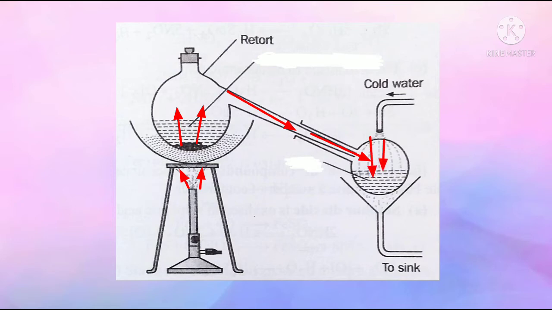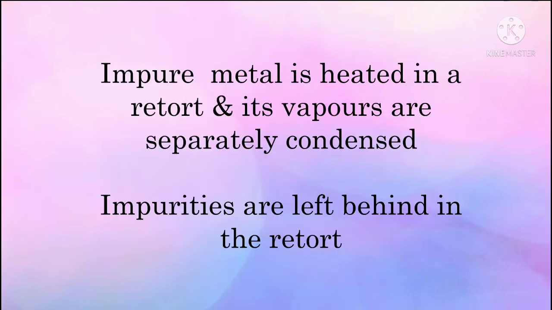As a result, that vapor gets condensed. The impurities which are present along with that metal are left behind in the retort itself, whereas the low boiling metal which we are refining comes to the other compartment. In this way, distillation can be explained.